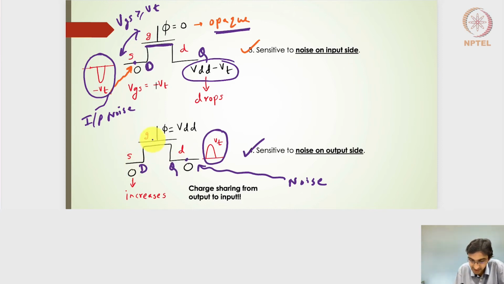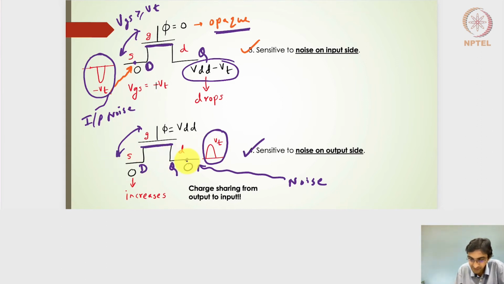Let's say all these values are 0 and 0, but then there is a noise signal of VT here, right? And VGS is anyway VD, so there is always a channel being formed in the transparent mode, in the transparent state of the D-latch. This channel allows any kind of voltage that is applied at the output side to be shared at the input side.